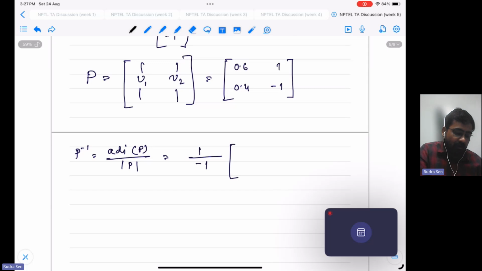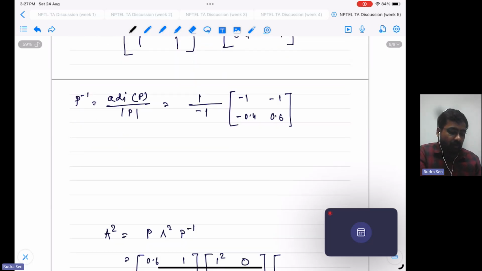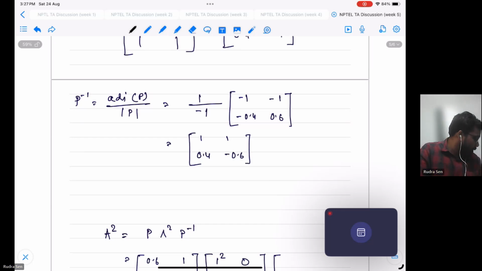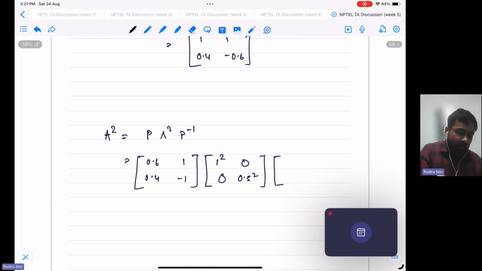And the adjoint is minus 1, 0.6, minus 1, 0.4. This is the adjoint. And the P inverse we get is 1, 1.4, minus 0.6.